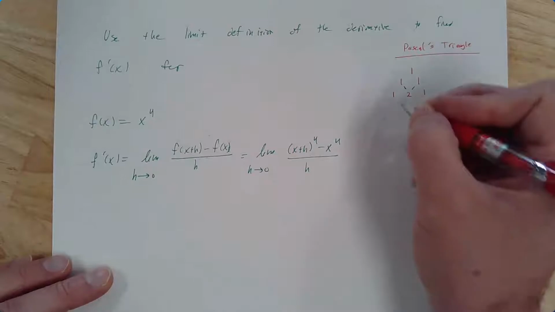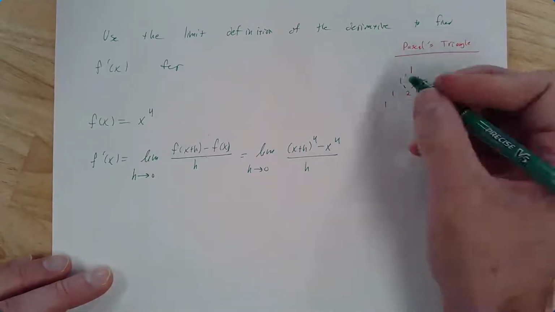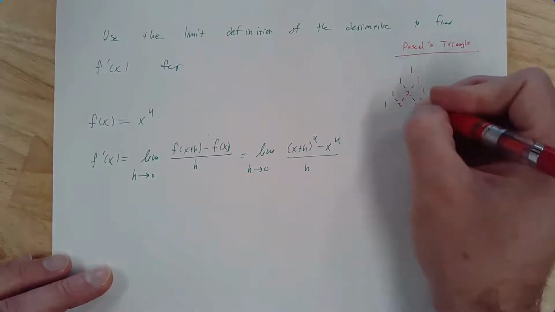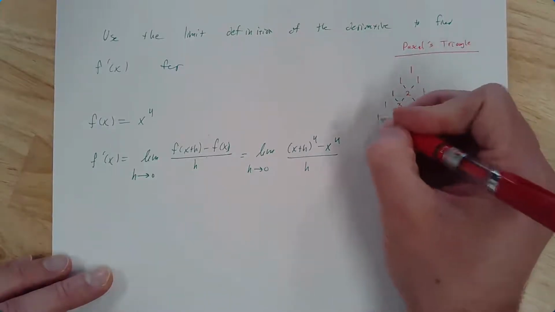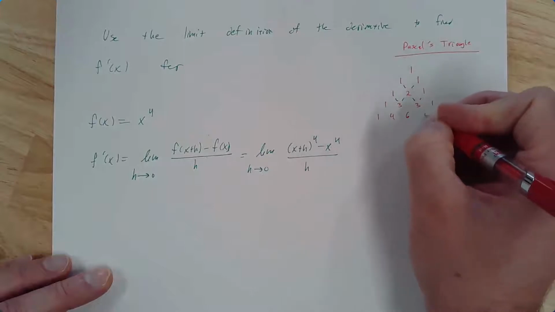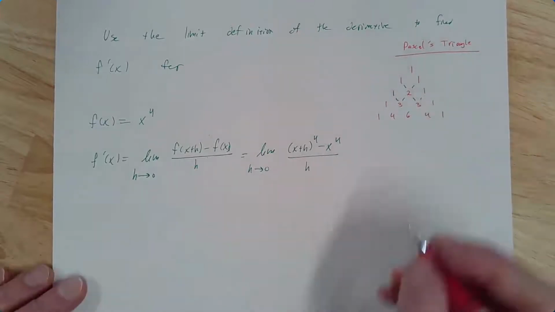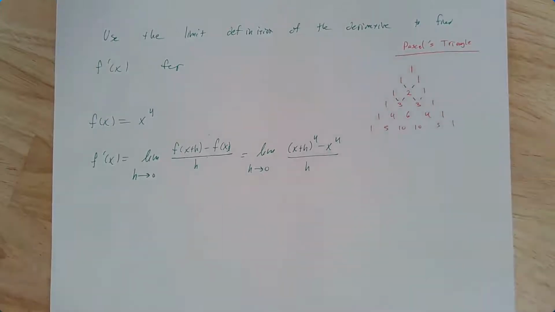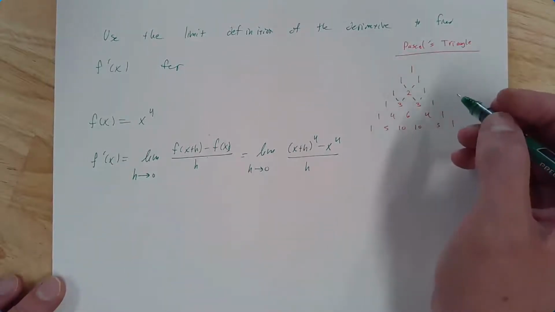And then in the next row, you're going to have 1, 3, 3, 1. And then the next row, 1, 4, 6, 4, and so on. And it goes on and on. And the thing about this is each row gives you the coefficients of x plus h to that row's power, if you call this top row the 0th row.